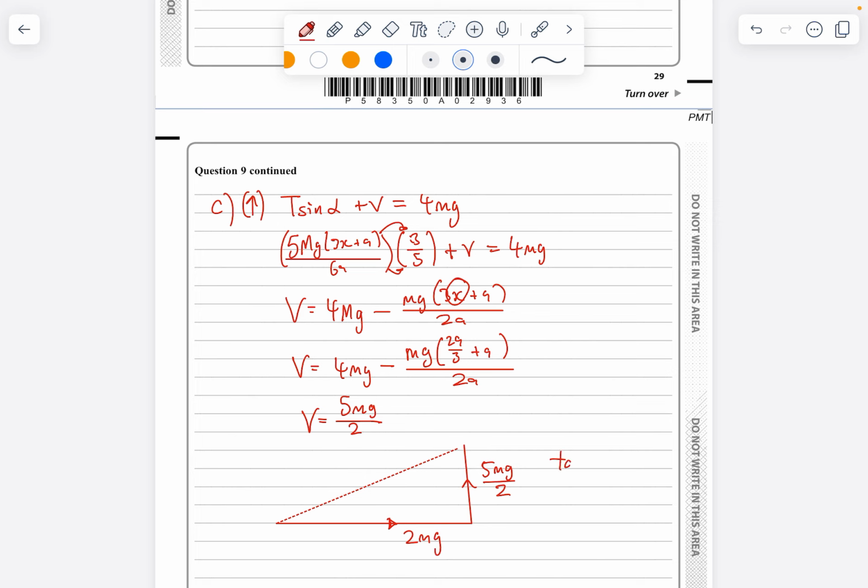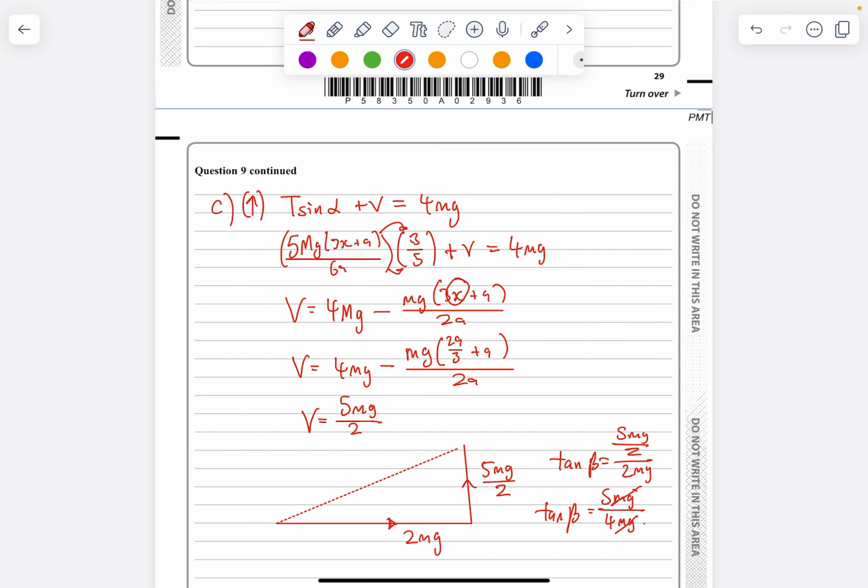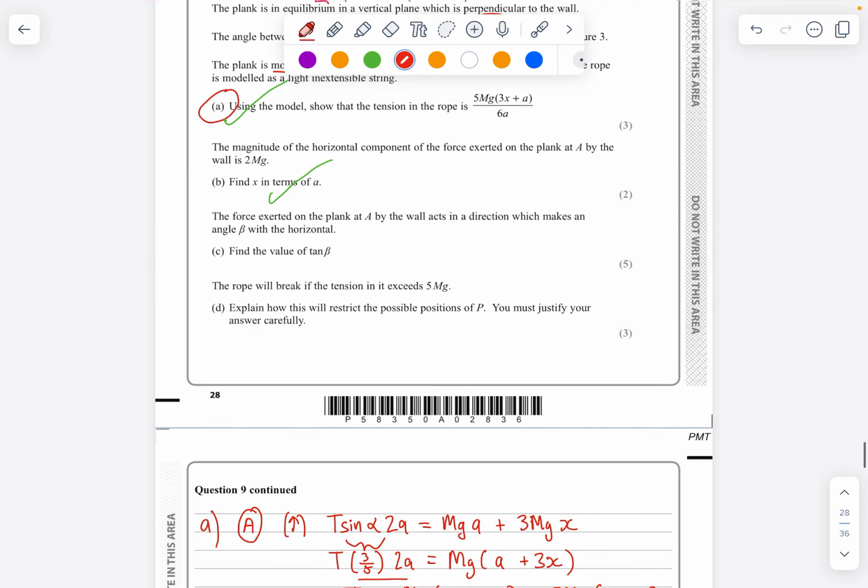So I simply put those into tan. So tan of beta is equal to 5mg over 2 divided by 2mg. And we know from some simple fractions, 5mg over 4mg, and therefore I can cancel the common factor of mg, and tan of beta is just 5 over 4. So that's C taken care of.